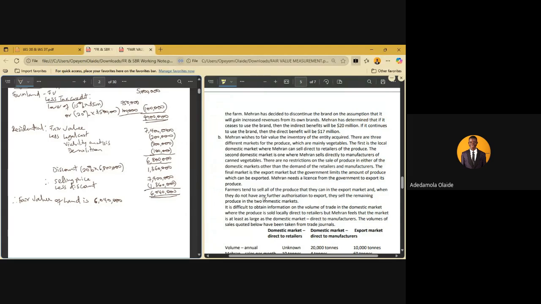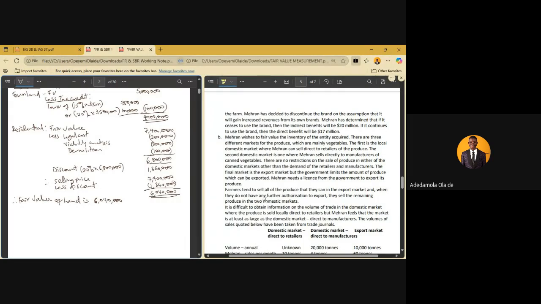Now, next, they said Mirror wishes to value the inventory of the entity acquired. There are 3 different markets for the produce, which are mainly vegetables. The first is the local domestic market, where Mirror can sell directly to retailers of the produce.